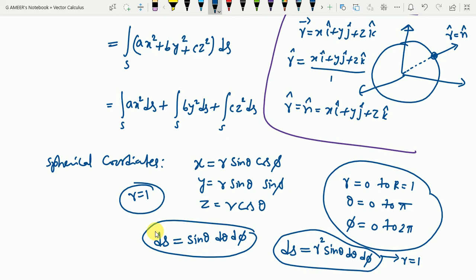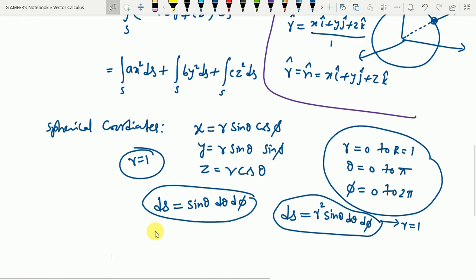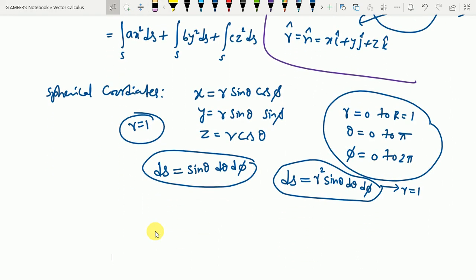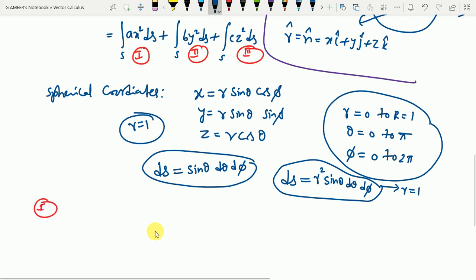Okay, fine. Now let us look at that integration. The first term will be ax square, the second term is by square, and the third term is cz square. Let us take the first term and perform the surface integration. Here only theta and phi will be varying.